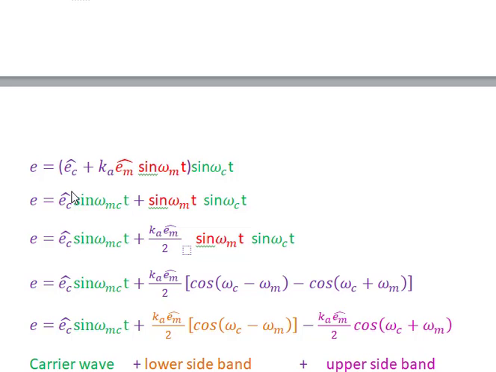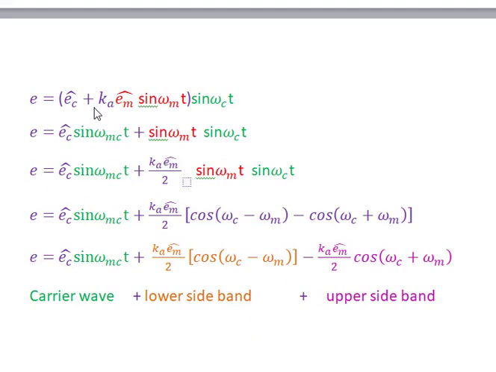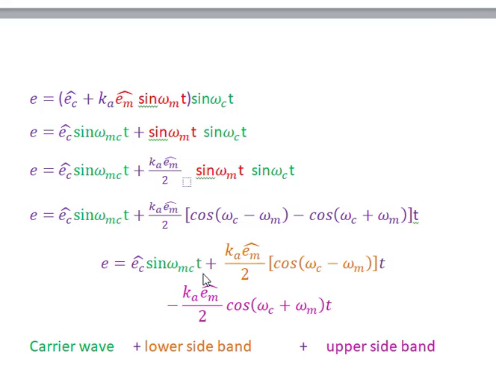Substitute the value of E cap in the above fourth equation. So we have e = (Ec cap + Ka Em sin omega m t) sin omega c t. On solving, we get the final equation e = Ec cap sin omega c t + Ka Em cap by 2 cos (omega c minus omega m) t, plus a similar term with omega c plus omega m.